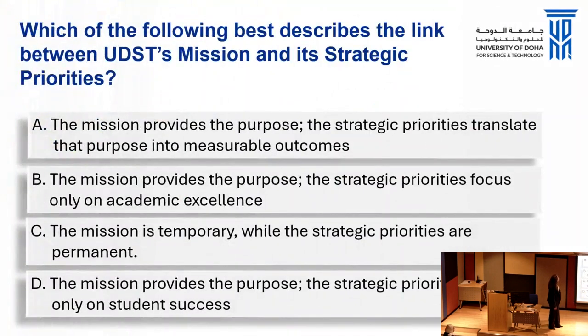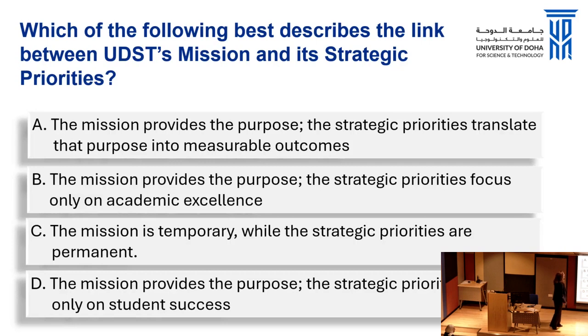Which of the following best describes the link between UDSC's mission and its strategic priorities? We talked a little bit about the alignment of the strategic priorities, success measures, and strategic plan. Is it that the mission provides the purpose and the strategic priorities translate that purpose into measurable outcomes, KPIs? Is the mission to provide the purpose, the strategic priorities focus on academic excellence?